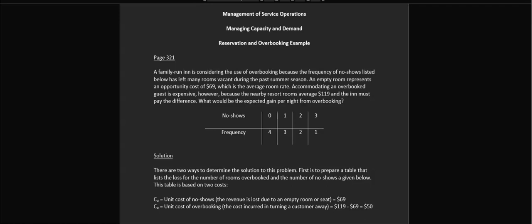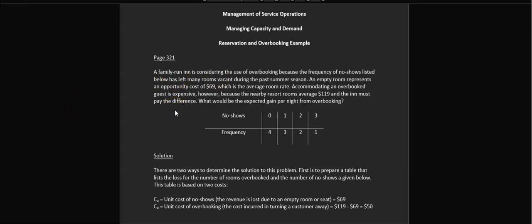And of course, if they overbook and they have to send customers elsewhere, they pay the difference between the $119 at another hotel and the $69 at their hotel. So it becomes a $50 loss essentially, because they are collecting the $69 but then sending them somewhere else and paying the extra $50 for the $119.